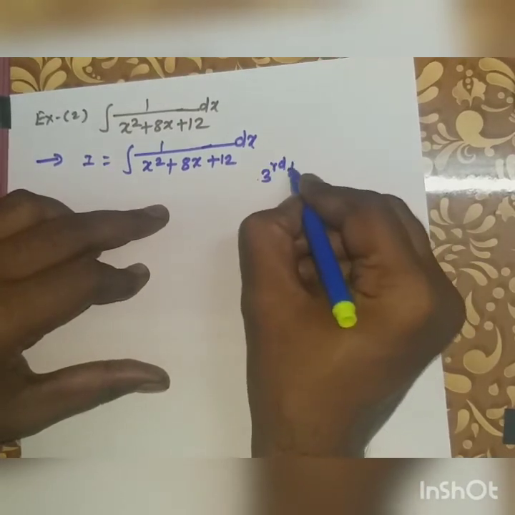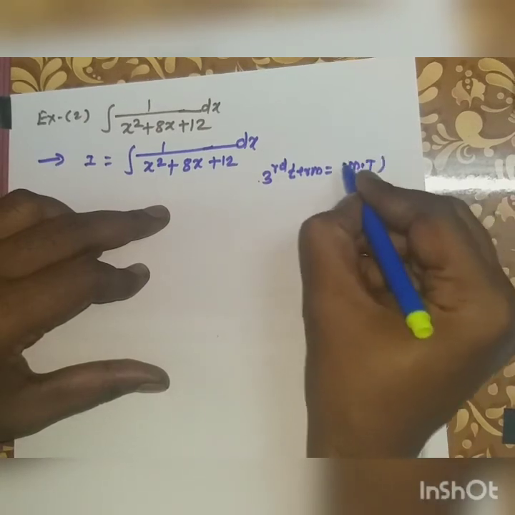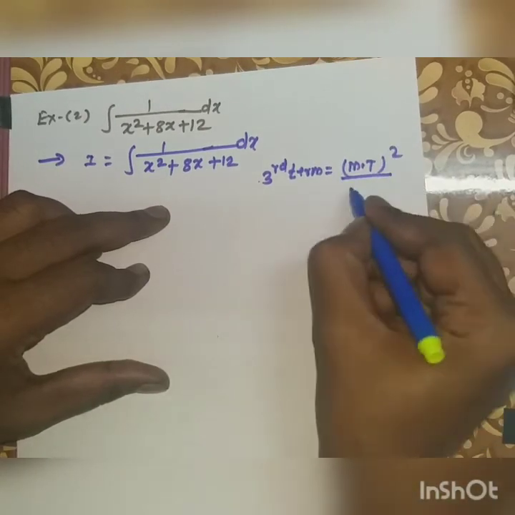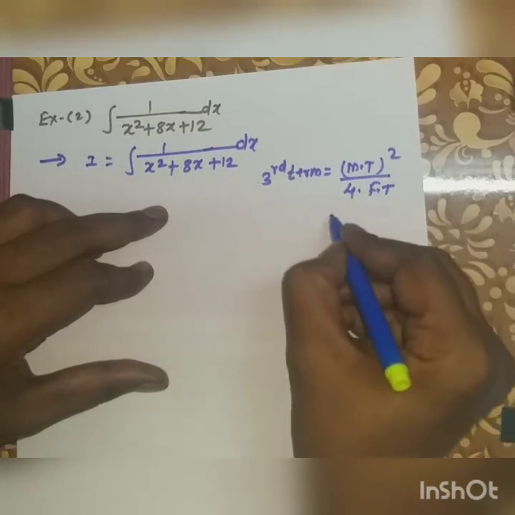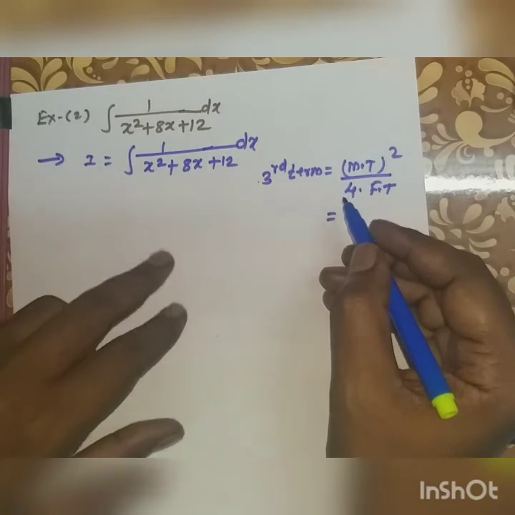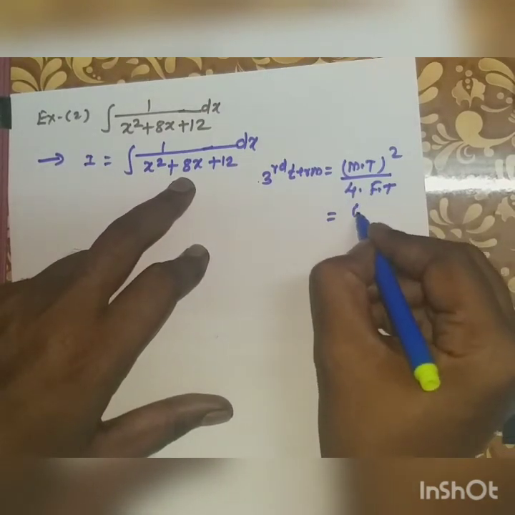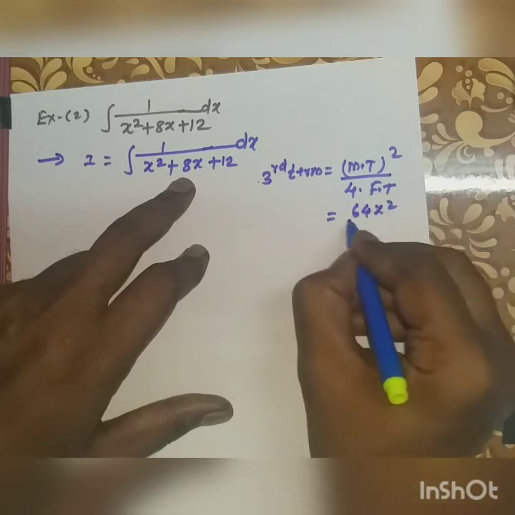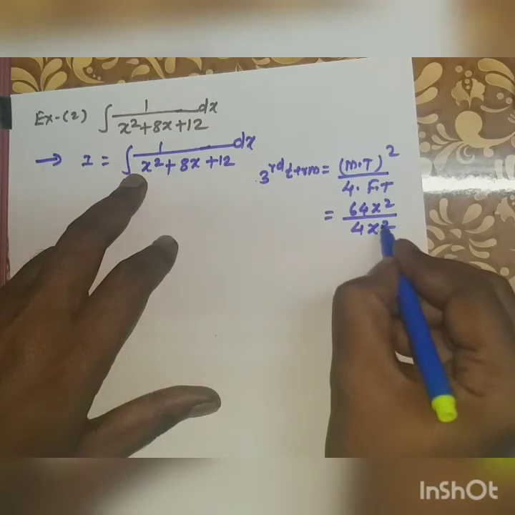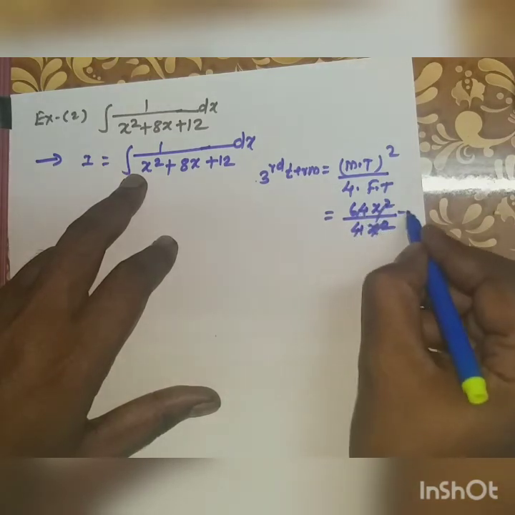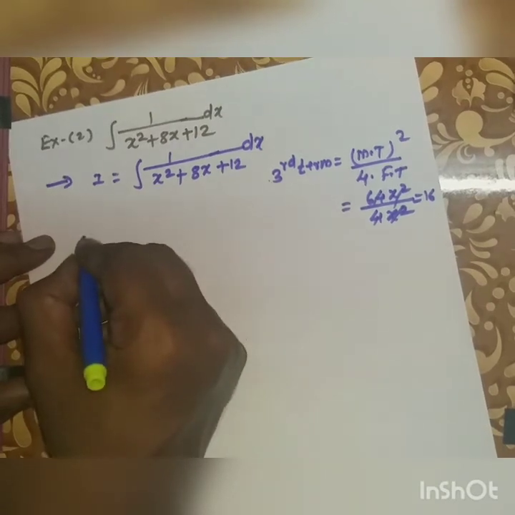Third term is equal to middle term bracket square divided by 4 into first term. The middle term is 8x, its square is 64x square divided by 4 into first term, x square cancels and we get 16. Now the third term is 16.